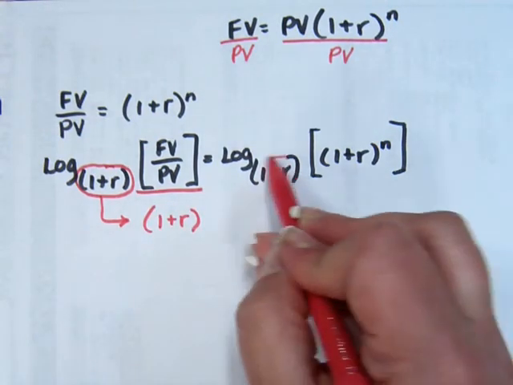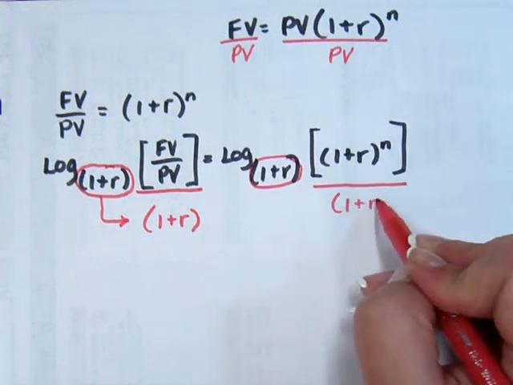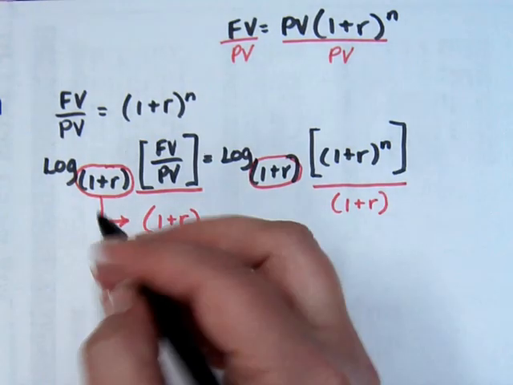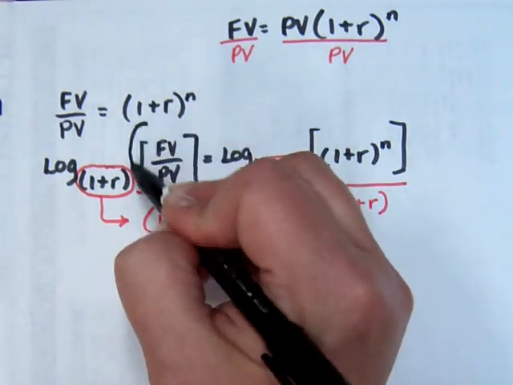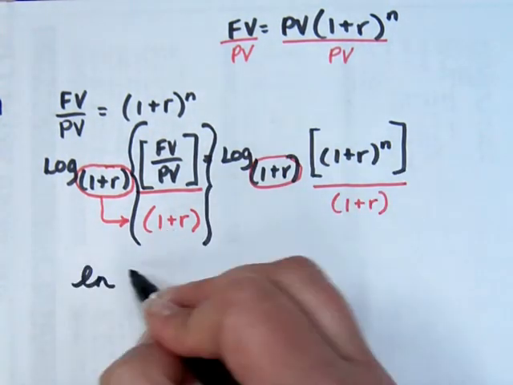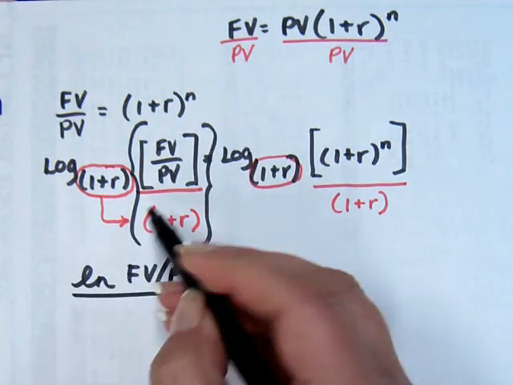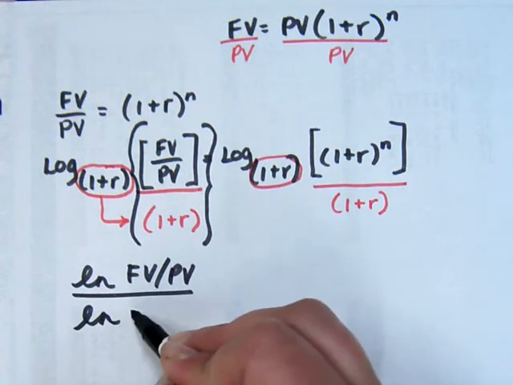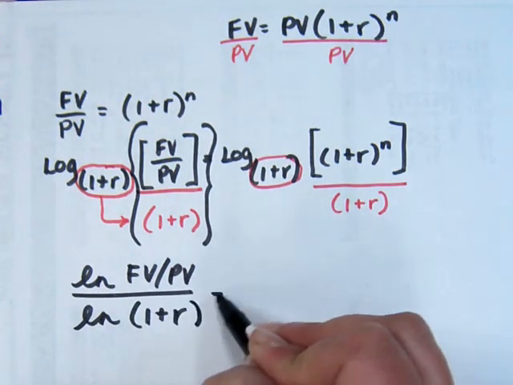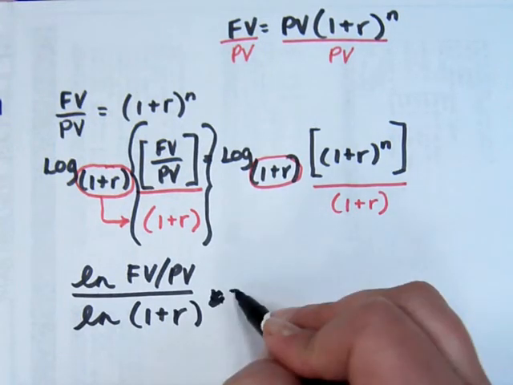Same thing here. And then when we rewrite it, if we just look at this part of the equation, we have natural log of FV divided by PV, divided by the natural log of 1 plus R. And that takes care of the n.